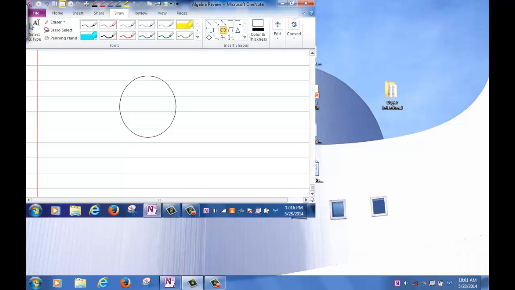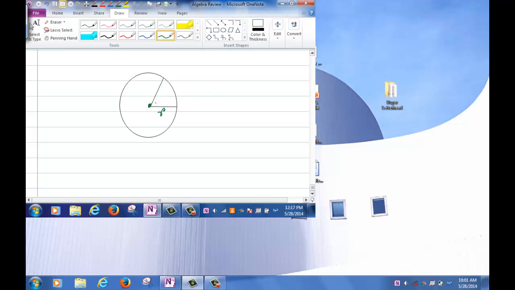Let's consider a circle. And let's say the center of the circle is right here. And let's say the radius of the circle is r. Okay. Let's say I form a central angle theta, which is this angle here.